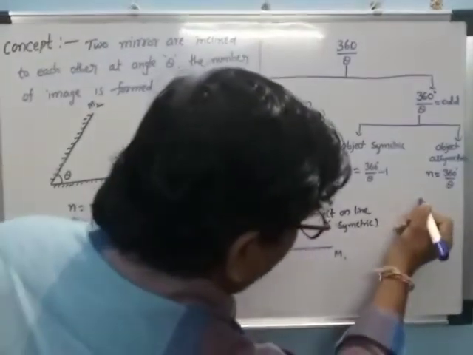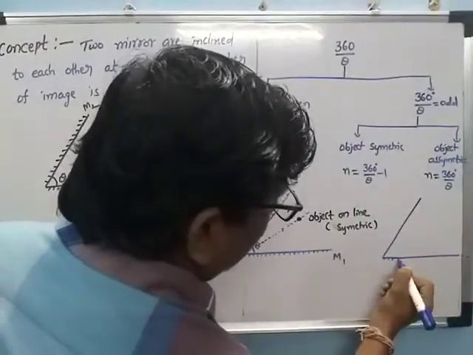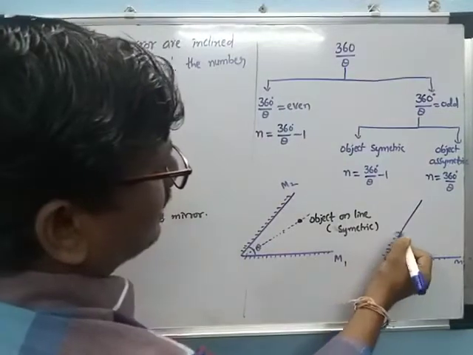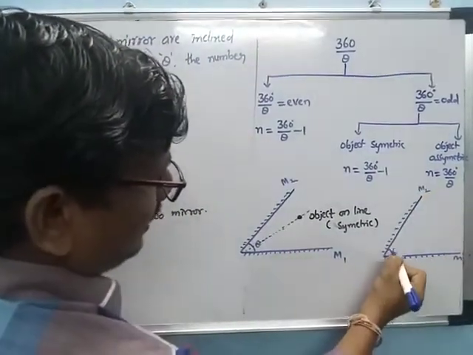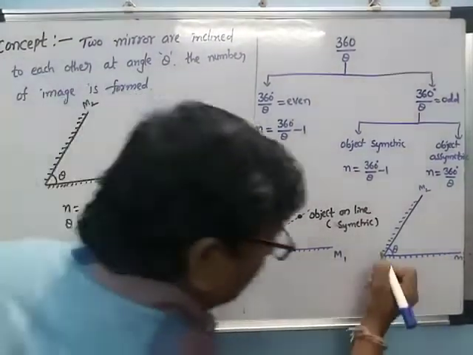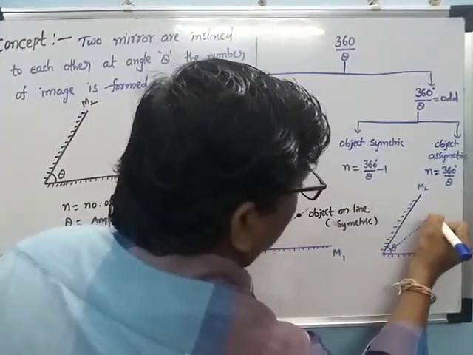Consider the two mirrors: this is the first mirror M1, and this is the second mirror M2, and the angle between them is theta. Now their resultant is in this direction.